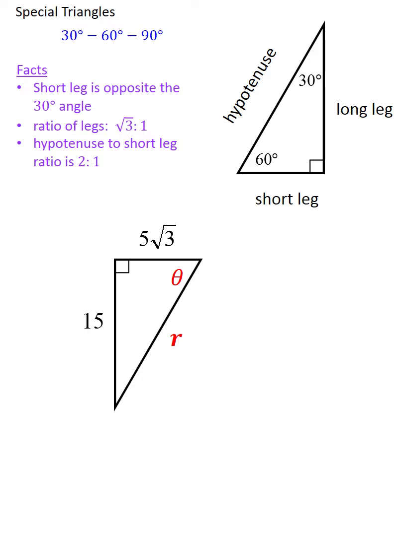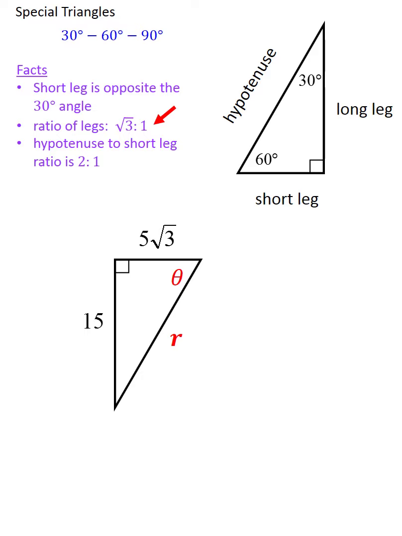And here's our last example. They don't give us any angles, so we don't have any evidence that we necessarily have a 30, 60, 90 triangle. But if we could prove that the ratio of legs is radical 3 to 1, then we would know we had a 30, 60, 90 triangle.